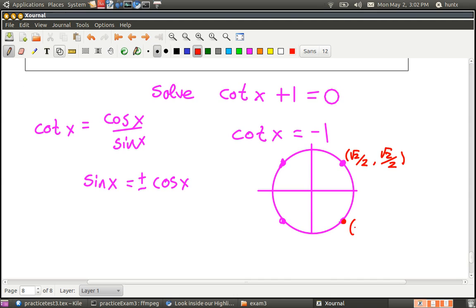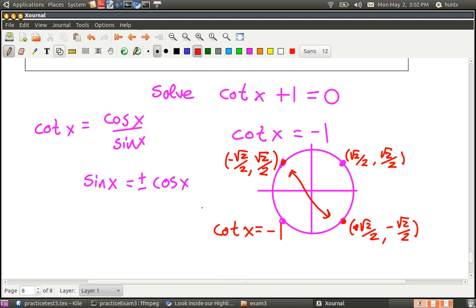So square root of 2 over 2 and minus square root of 2 over 2, and this one is also a sign mismatch: minus square root of 2 over 2 and square root of 2 over 2. So these red points are the places where cotangent of x is equal to minus 1. So those are going to be the solution.